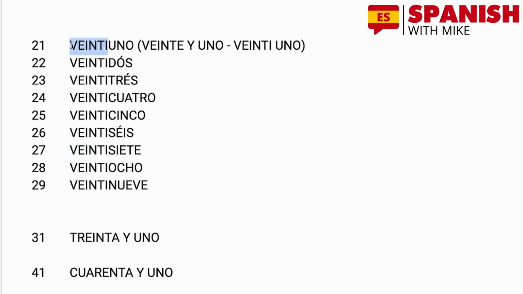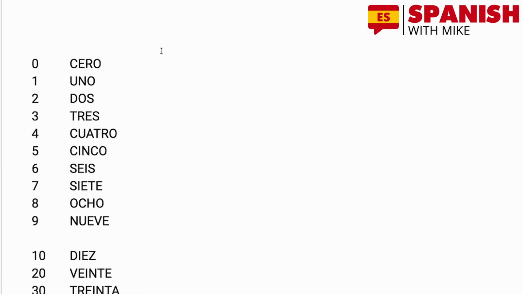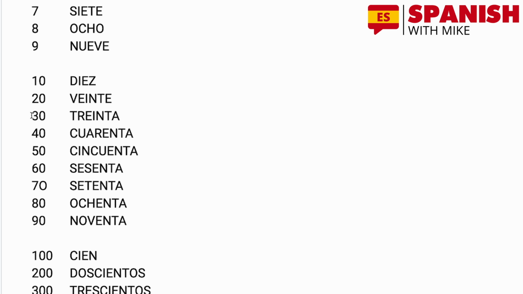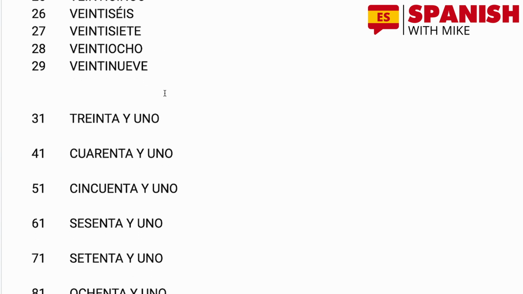So as you can see, these ones are easier because it's just like forming with one single word, with 20 and the unit. From this point on, for 30, 40, 50, 60, 70, 80, and 90, we do the 10, the y and the unit. And for these numbers, we would have 31.